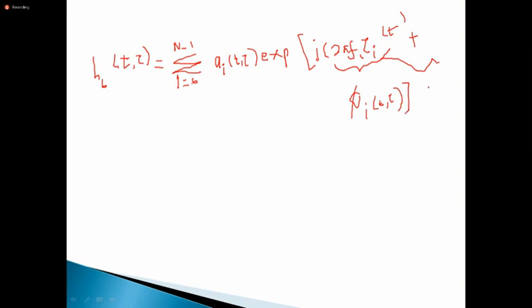Into this is the delay, tau. මේ තියෙන delay. This is the basic equation for multipath received signals.